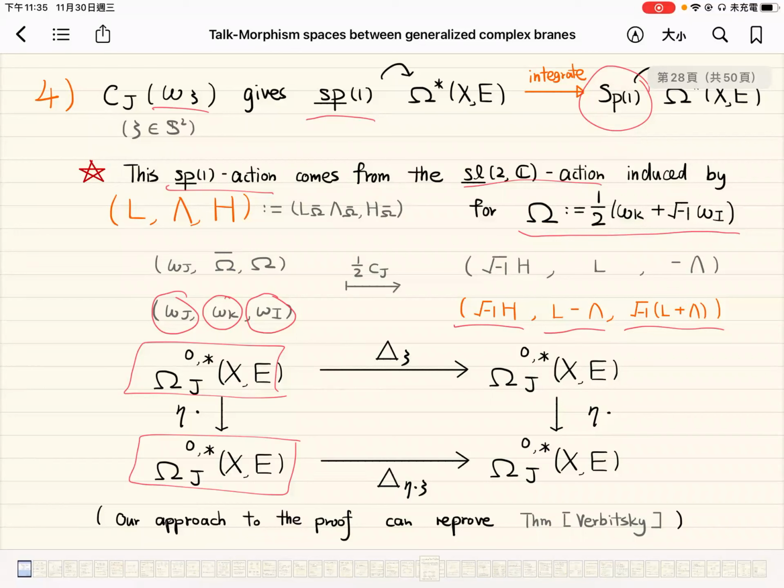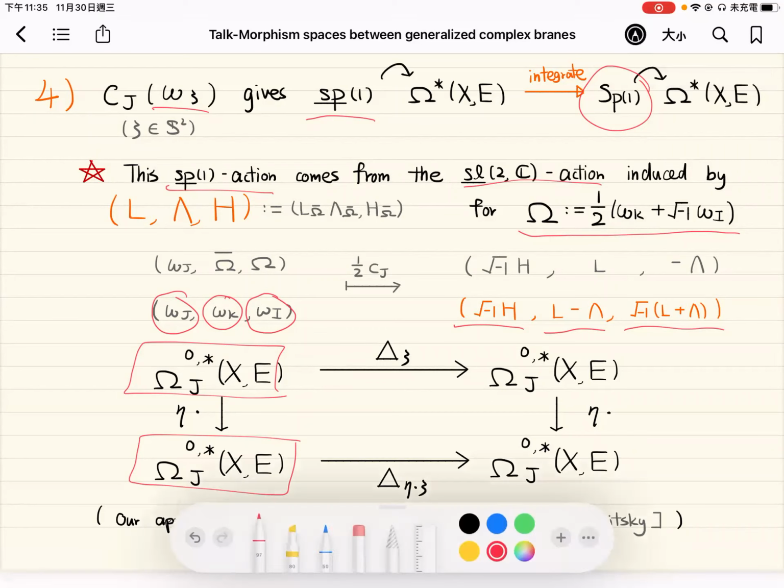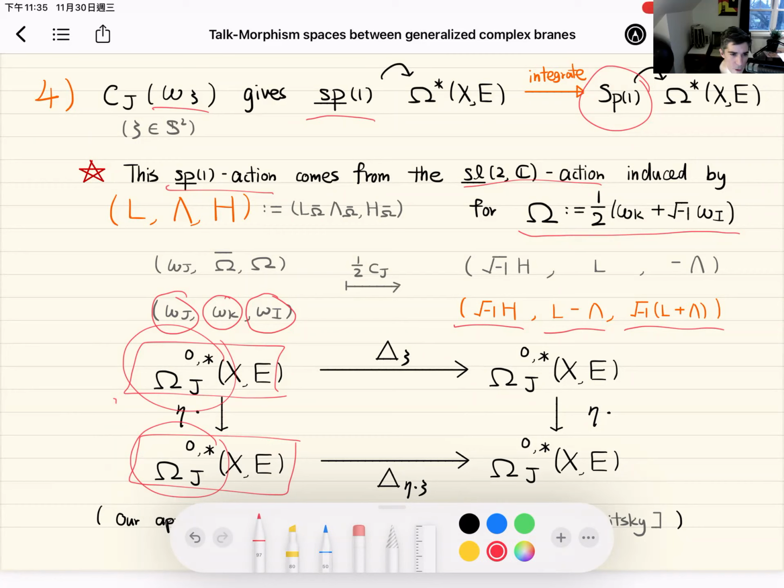The line that you circled there, why is omega J in there? I assume that you could compute the d slash squared on a complex, not necessarily on omega sub J, but for some other GC structure.